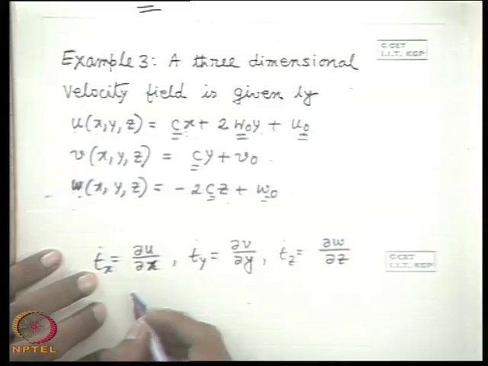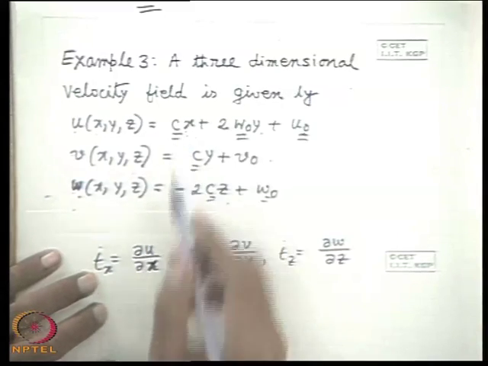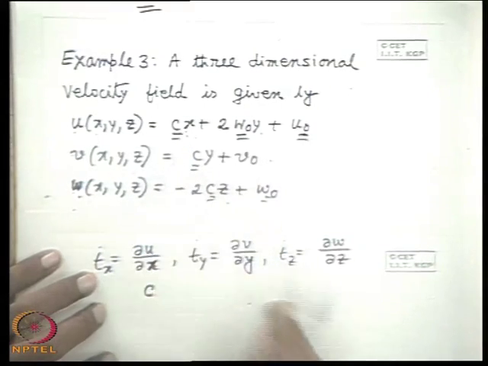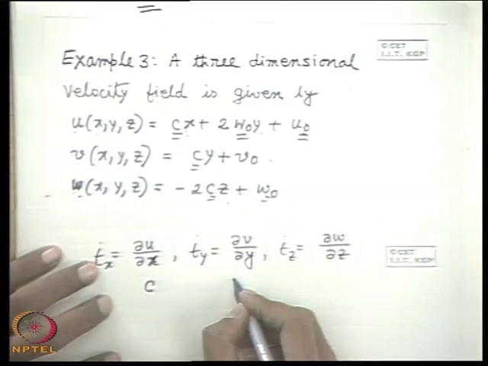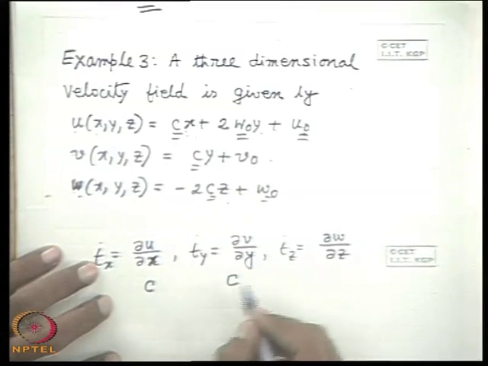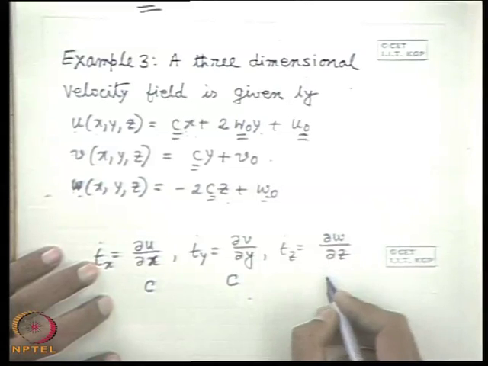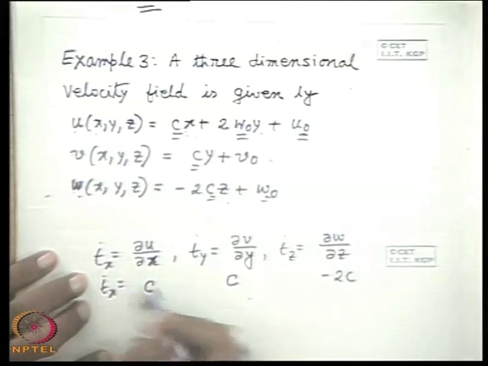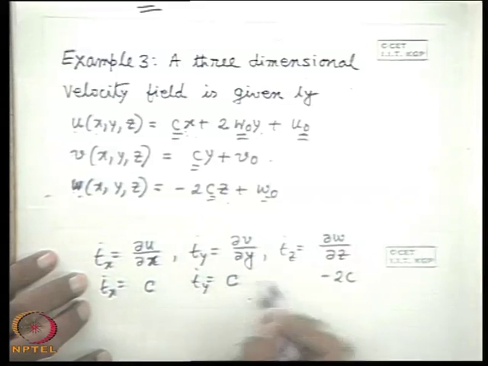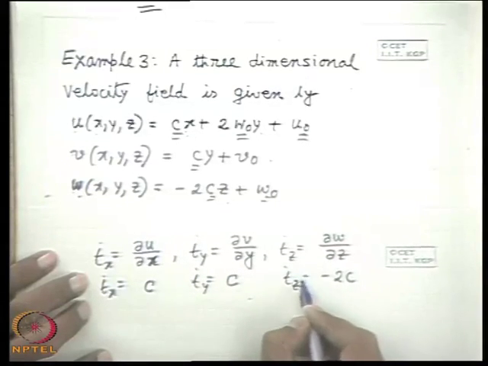So it is a simple school level thing: del u del x is c. Well, what is del v del y? Again c. So it is a constant strain rate in the y direction. Del w del z is minus 2c. So these are the values of epsilon dot x, epsilon dot y and epsilon dot z.